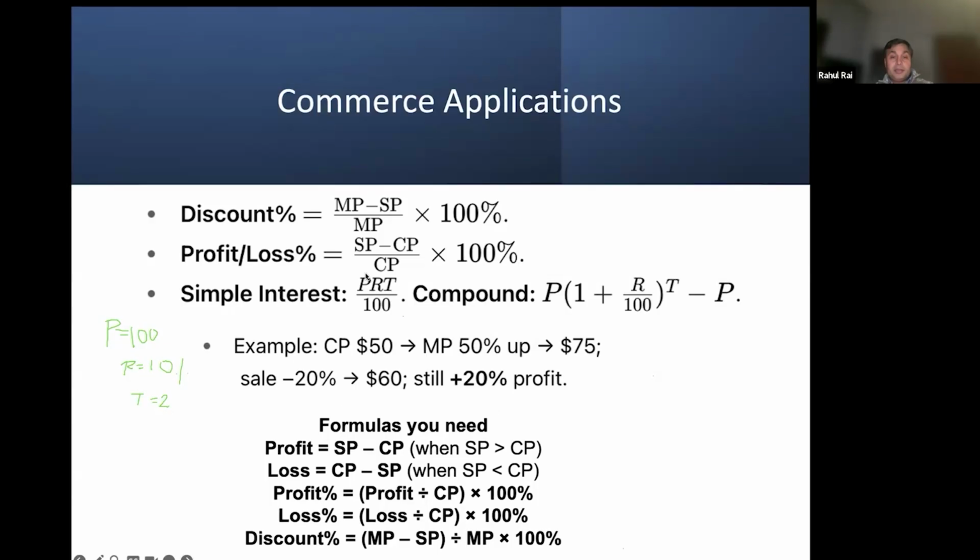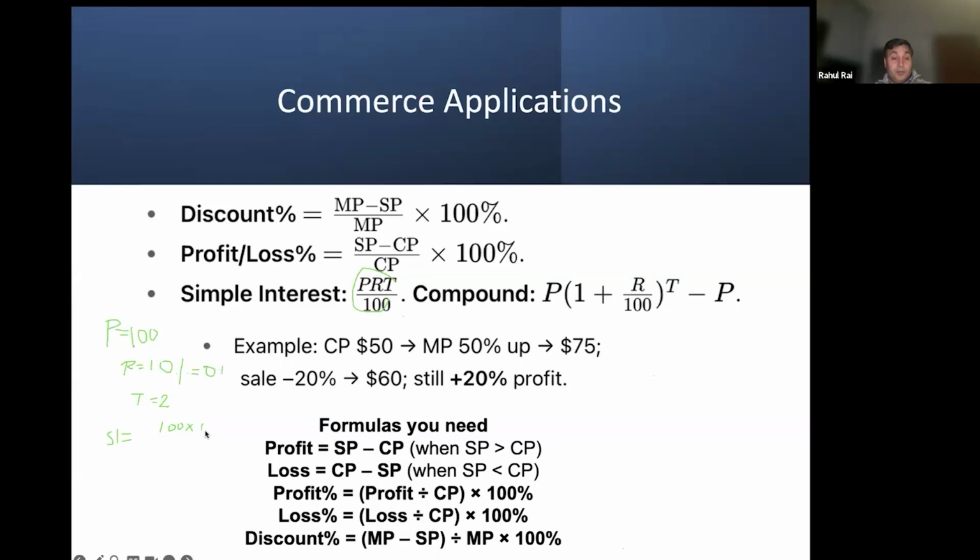The simple interest will be calculated using this formula. I will write simple interest as SI. SI is $100 times, and now we have to convert this percentage into decimal. 10% in decimal is 0.1.